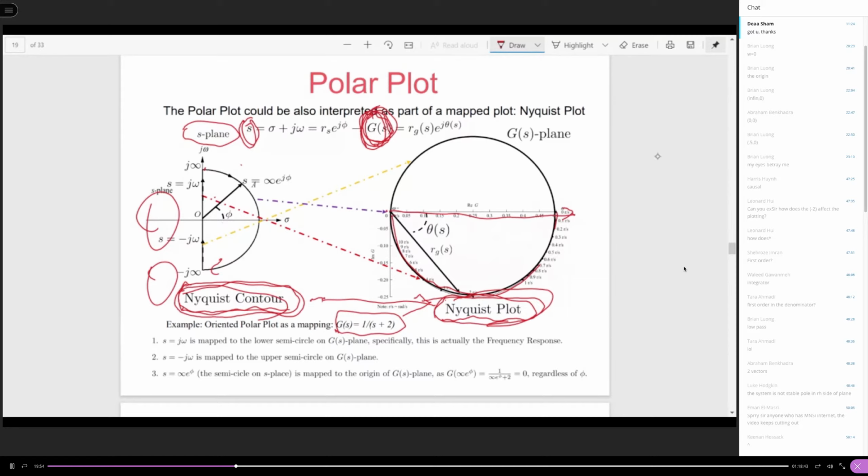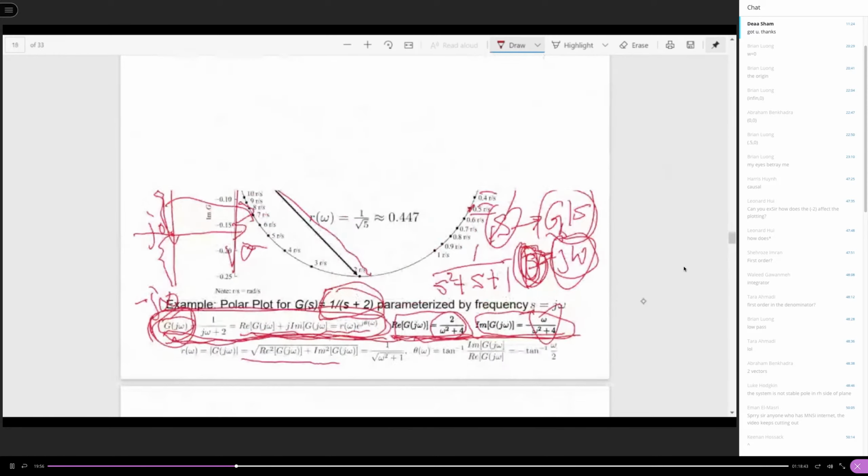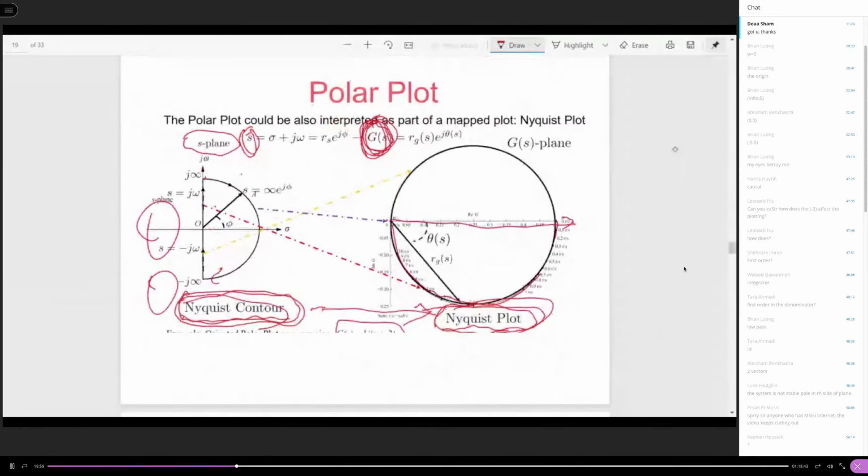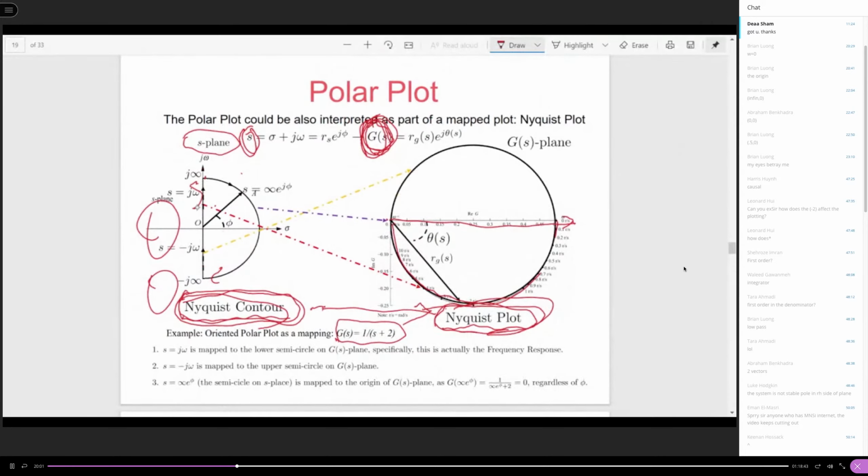After we talk about it here, it should be quite easy to understand. The upper part is mapped to the lower part, and the lower part is going to be mapped to the upper part. The question is where this part is going to map to.